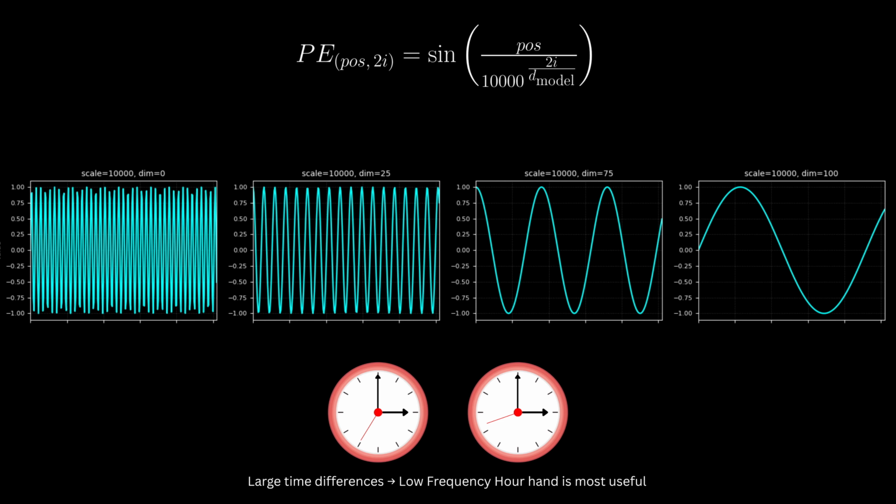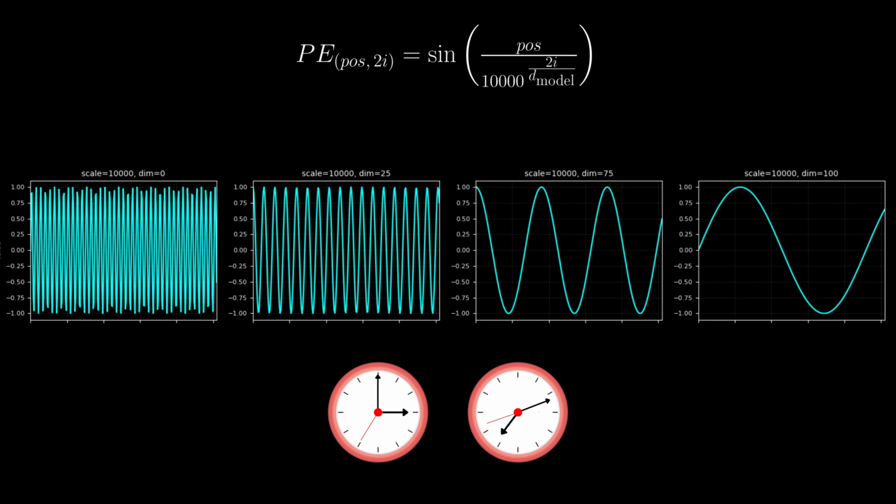As time differences grow larger, the fast moving component, the second hand, becomes less useful, and only the slower coarse components, hours and minutes, matter. Sinusoidal encodings achieve this same multi-scale representation, but with smooth continuous transitions that our neural networks can easily learn patterns from.